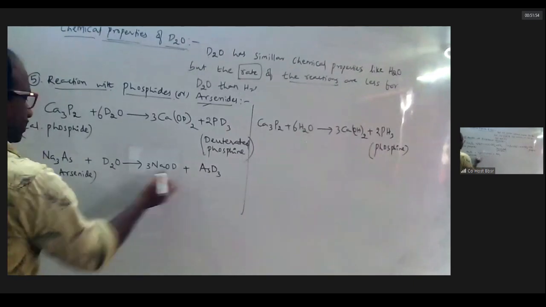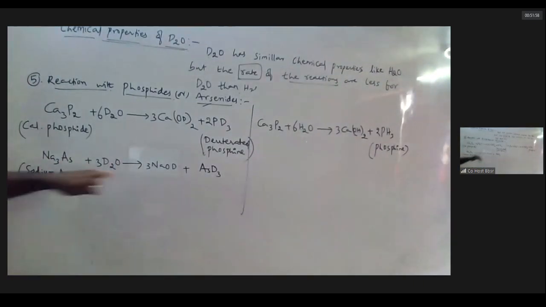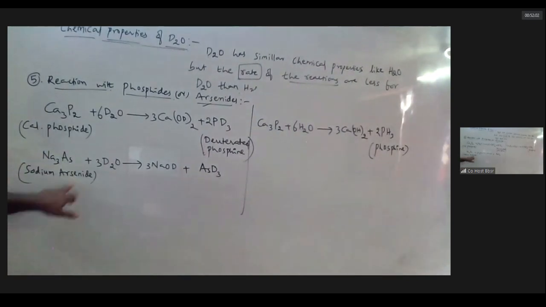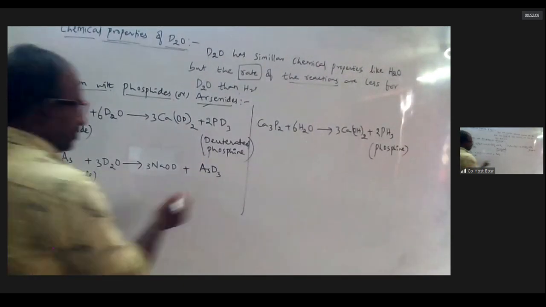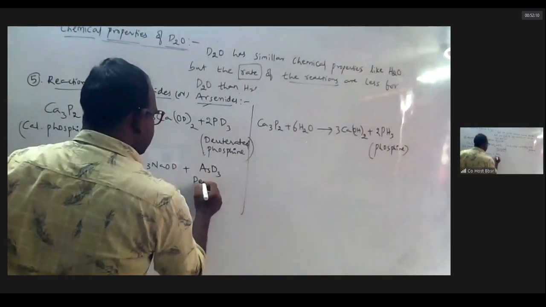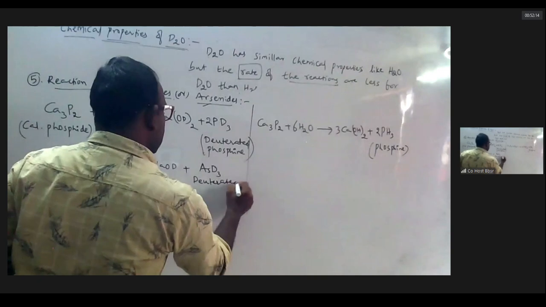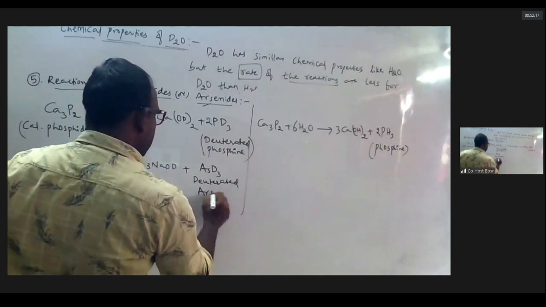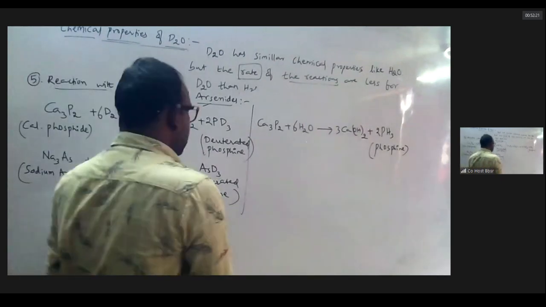So 3 here, therefore 3, and everything is balanced. Sodium arsenide combines with deuterated water, and you get AsD3, deuterated arsine. AsH3 is called arsine.